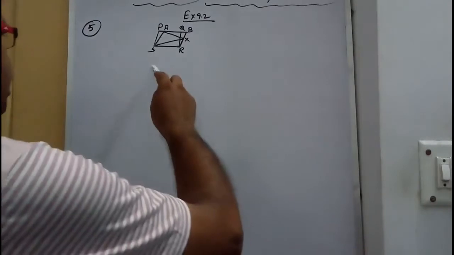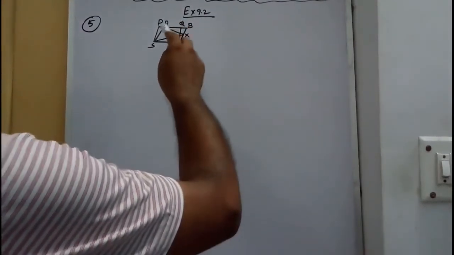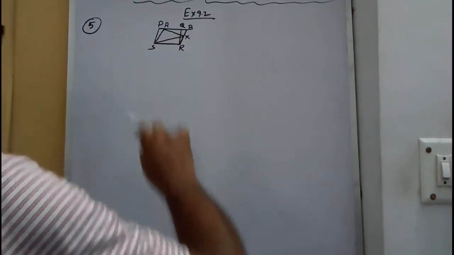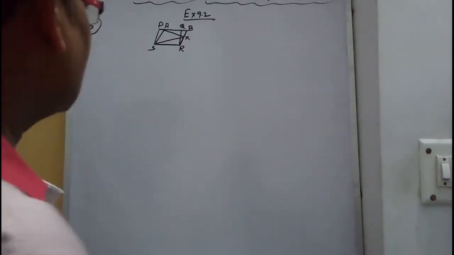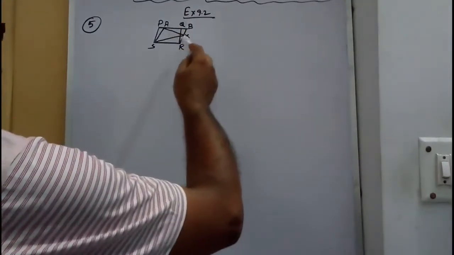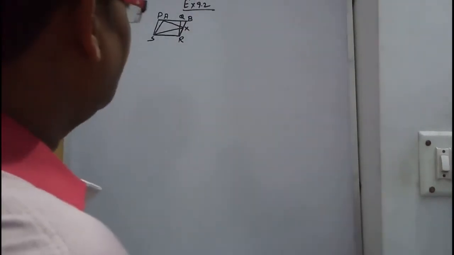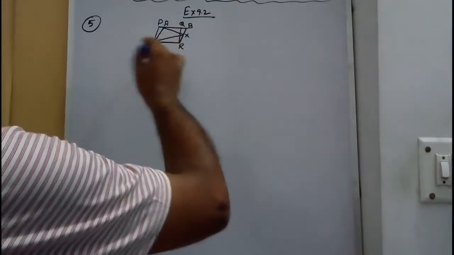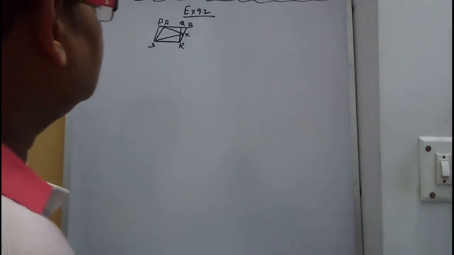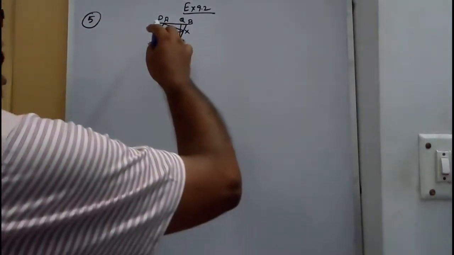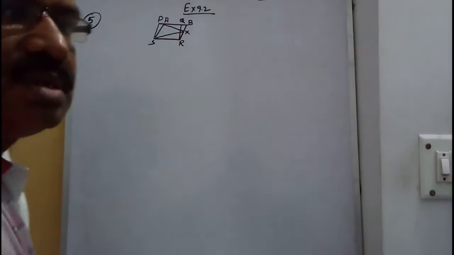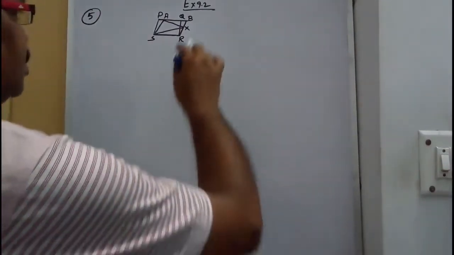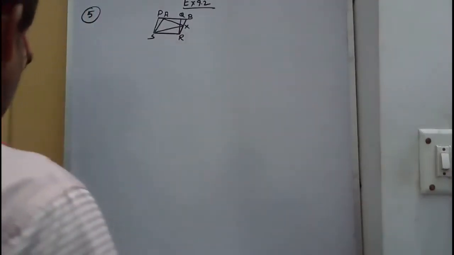So we have to prove that, first, area of parallelogram PQRS is equal to area of parallelogram ABRS. And number 2, area of triangle AXS is equal to half of the area of parallelogram PQRS. So these two things you have to prove from this figure.